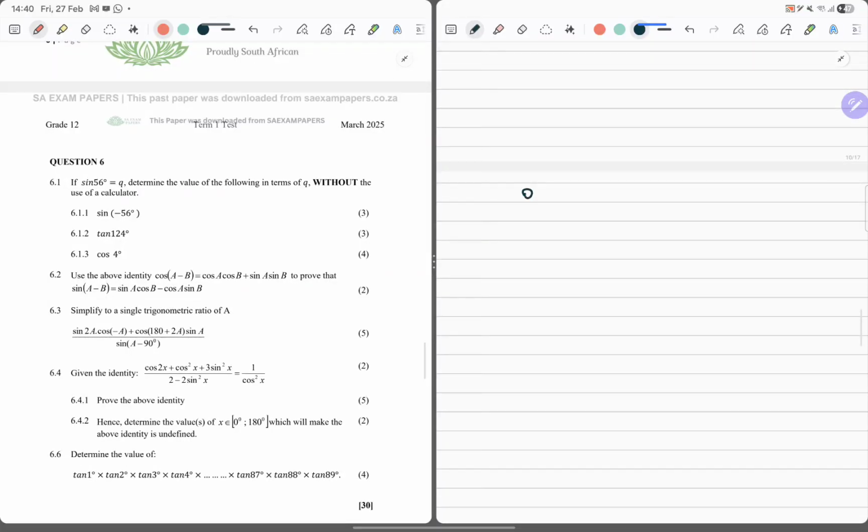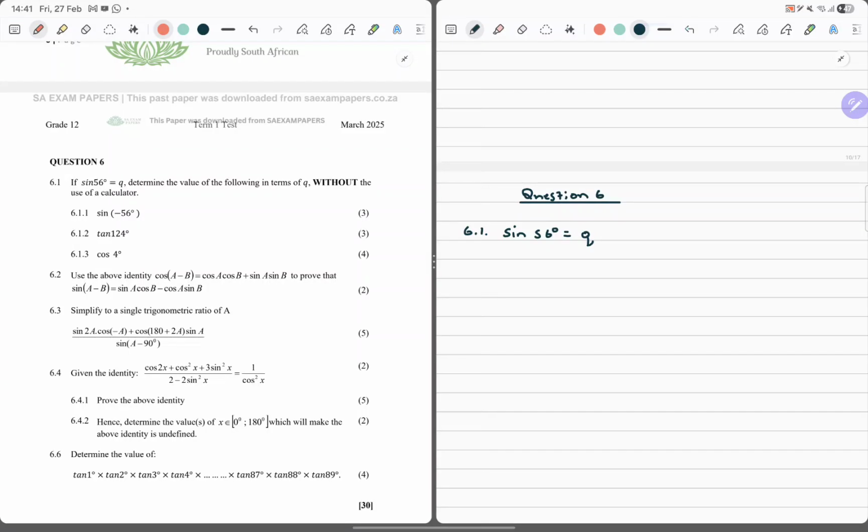Now let's get to trigonometry. Again, this is just another form of algebra. Now we are told sine 56 is q. So 6.1, we are told sine of angle 56 is equal to q.